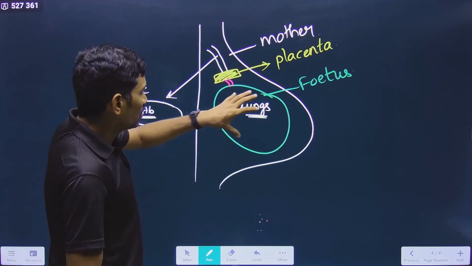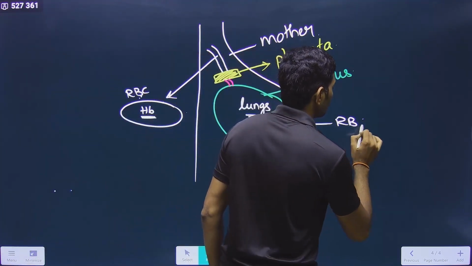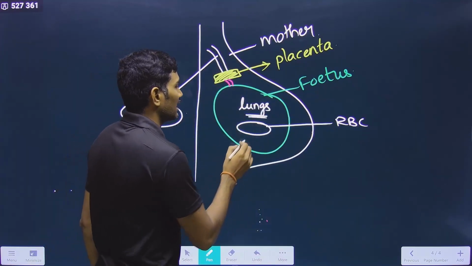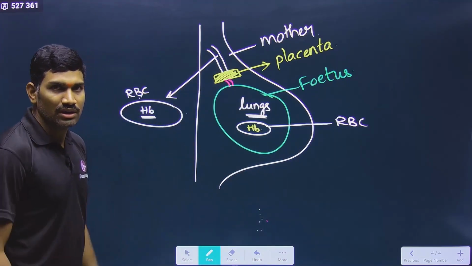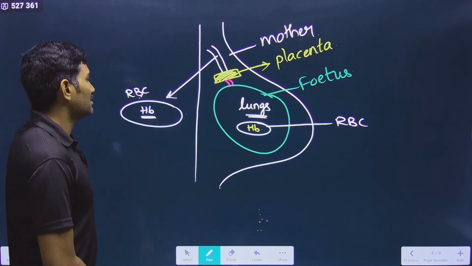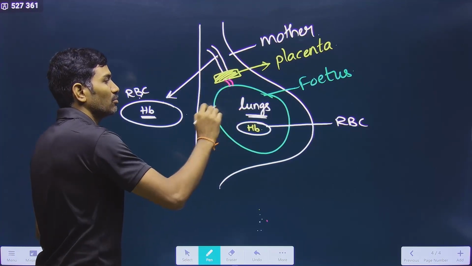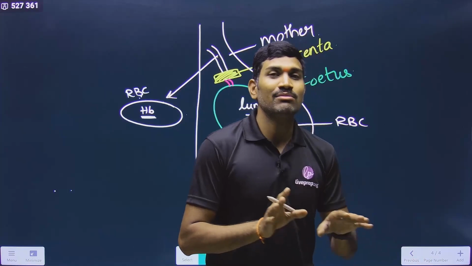Nice. Now for the fetus also, inside the fetus also, RBCs are present. And inside this RBC, there is hemoglobin. Understood or not? Now the question here is, are these two hemoglobins, that means hemoglobin of the mother and hemoglobin of the fetus, the same?